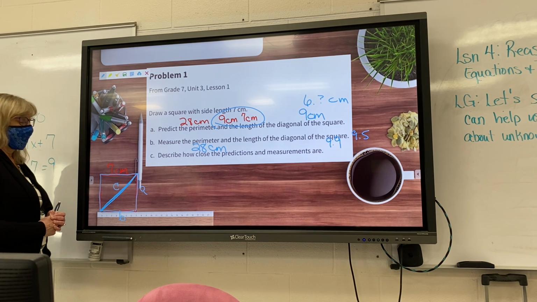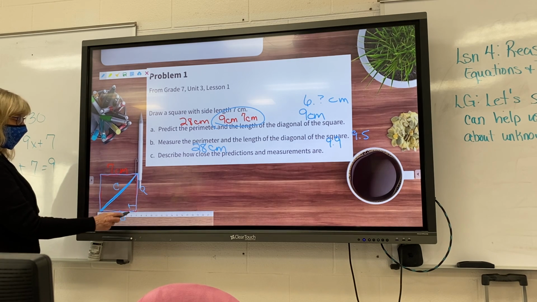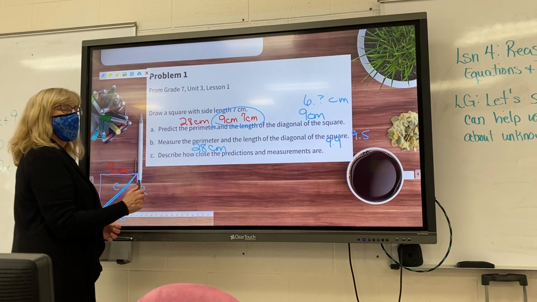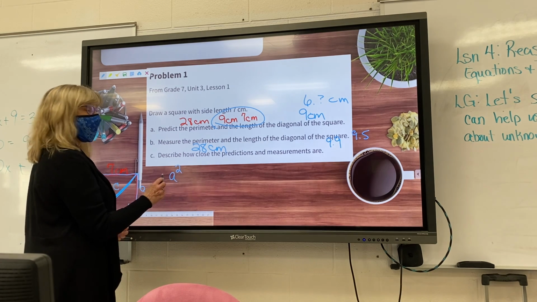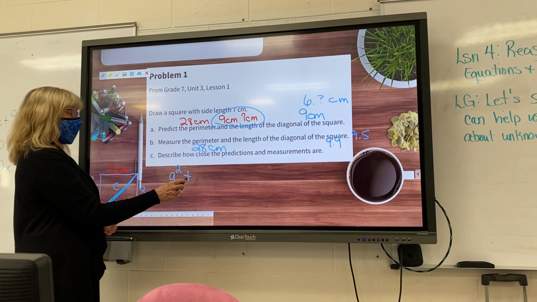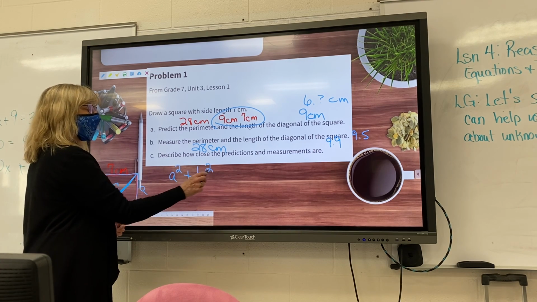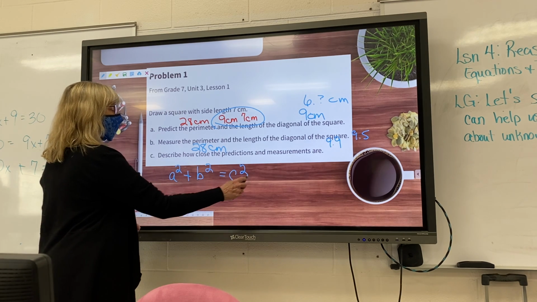Okay, that's called a right triangle, because it's a right angle, right? The Pythagorean theorem, which you'll learn next year, says that if I take A and square it, add it to B squared, it will equal C squared.